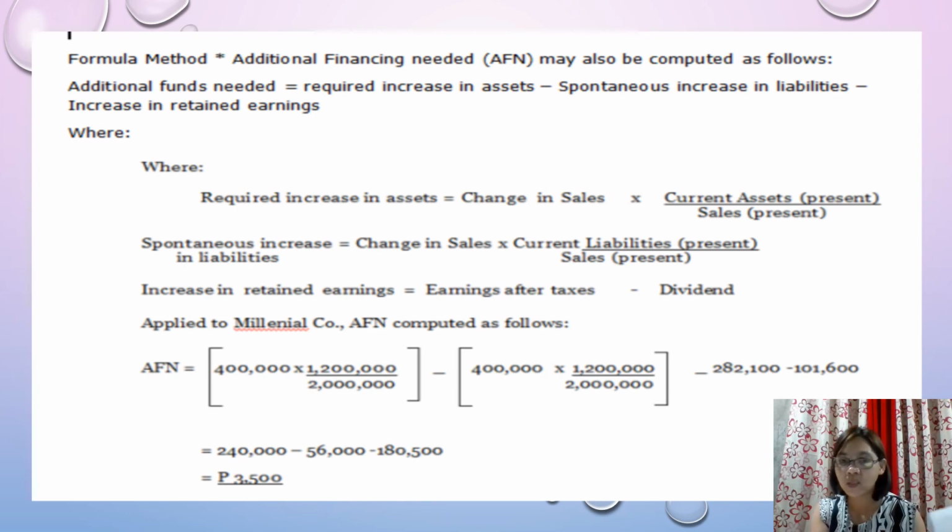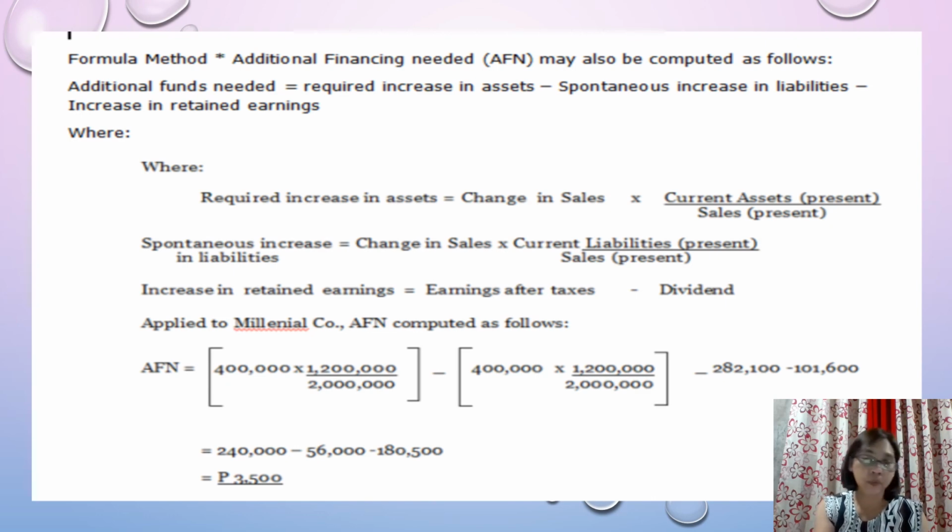Okay, next, proceed po tayo sa spontaneous increase in liabilities. So, yung change ng sales, same din, 400,000 times current liabilities, which is present. So, tingnan nyo po yung current liabilities nyo po dyan sa December 2019.